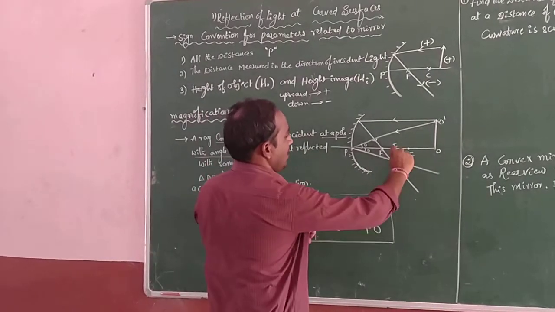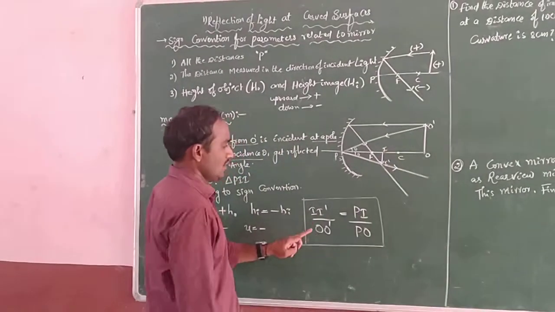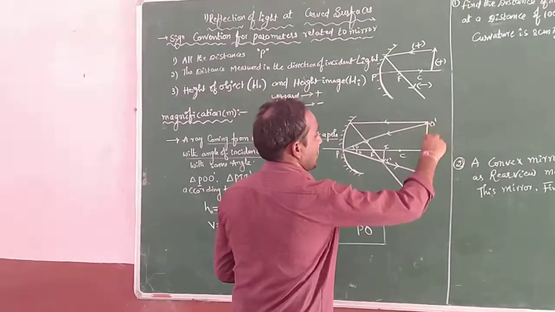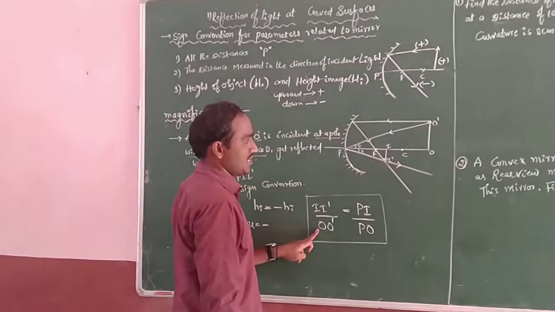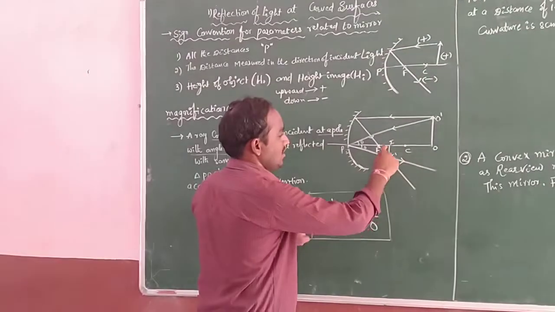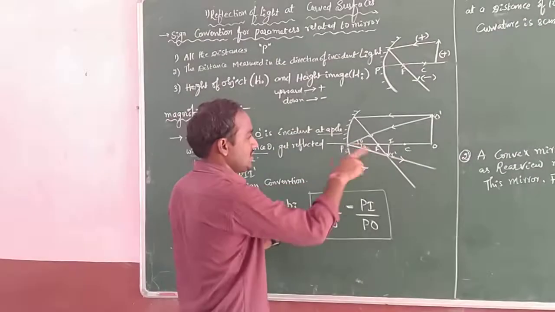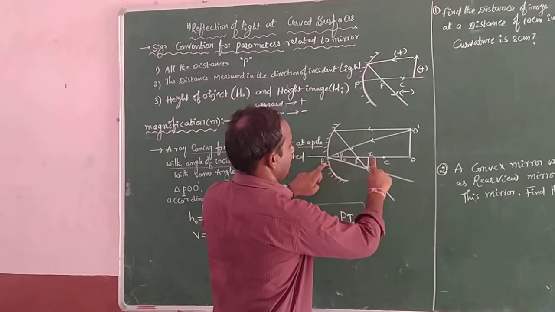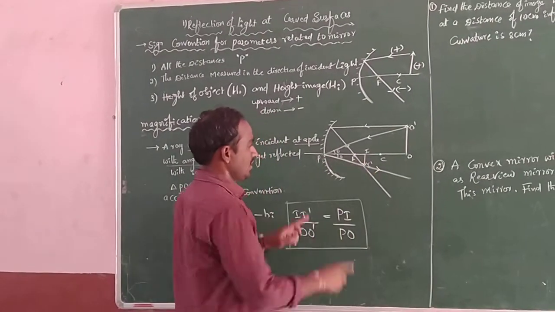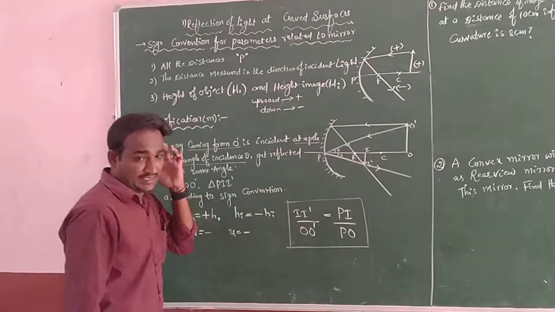I dash is the image height, and O dash is the height of the initial object. I dash is the height of the image formed. PI means P from I, which is the image distance, and PO is the object distance.